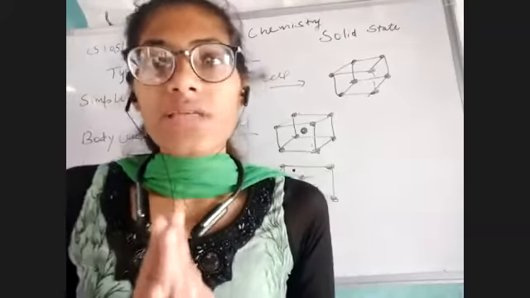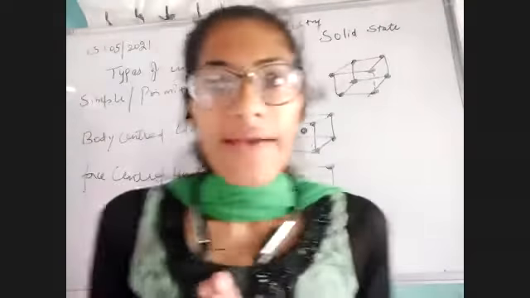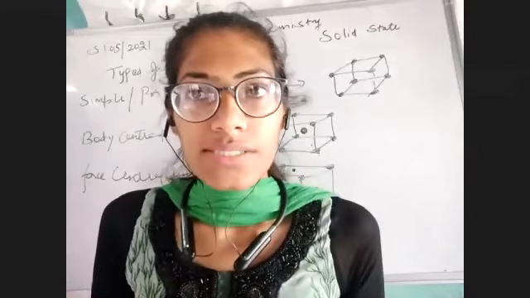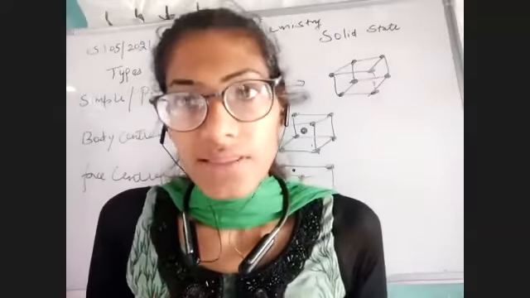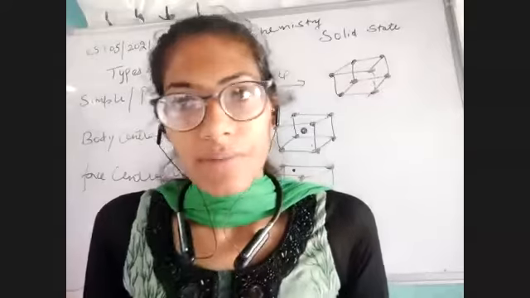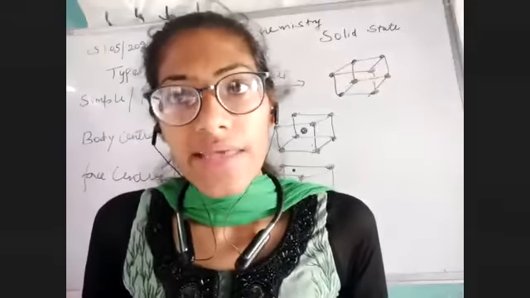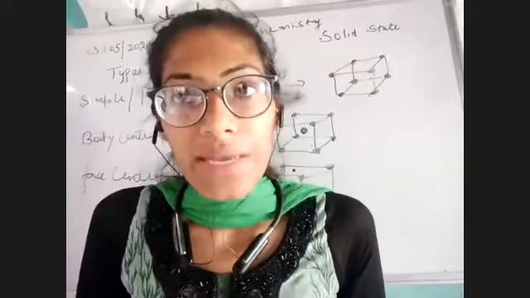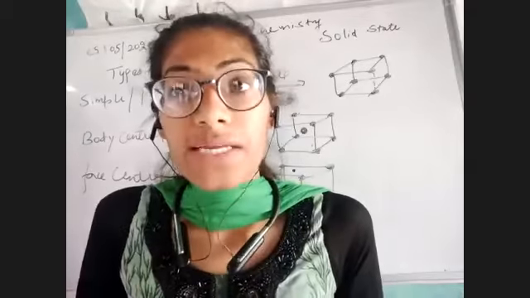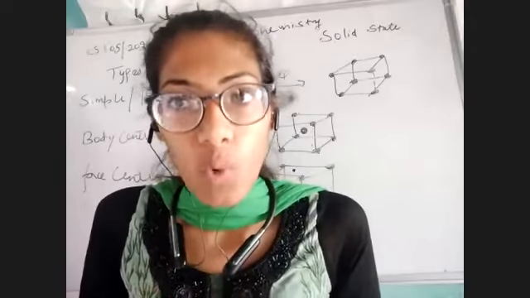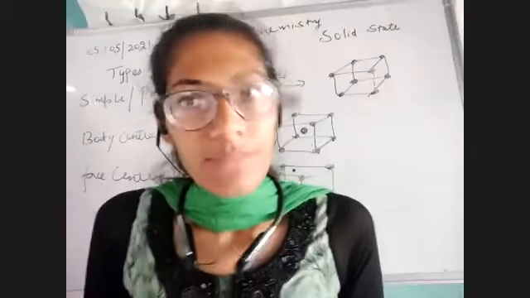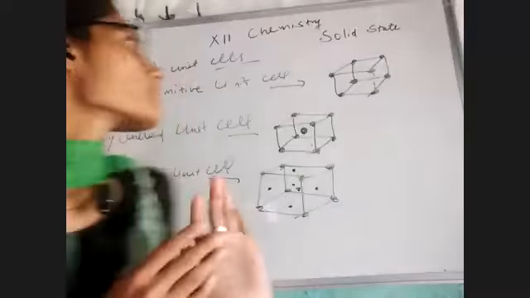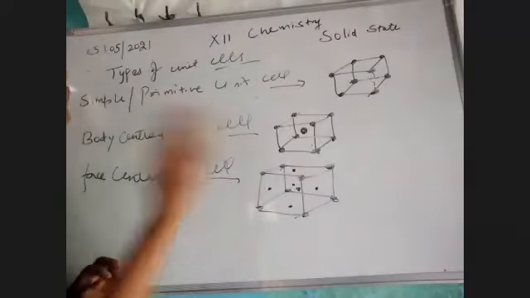We have discussed that there are different types of unit cells, and they can vary on the basis of edge length as well as alpha, beta, gamma. Besides that, we have different types of unit cells on the basis of the number of atoms present in the unit cell.